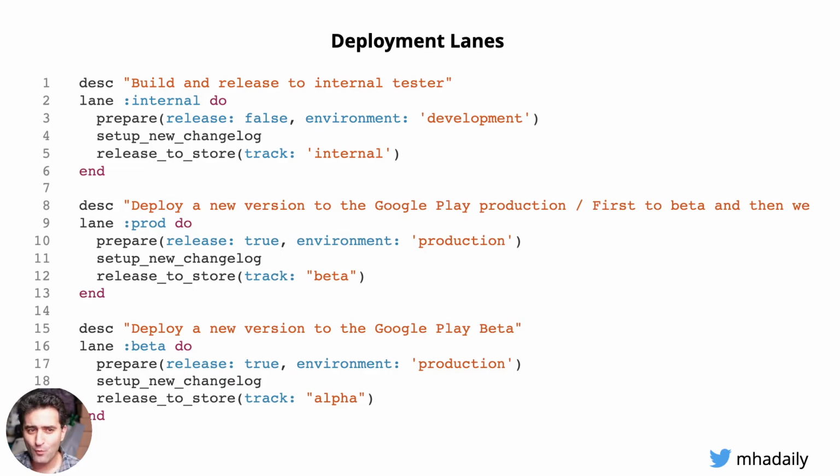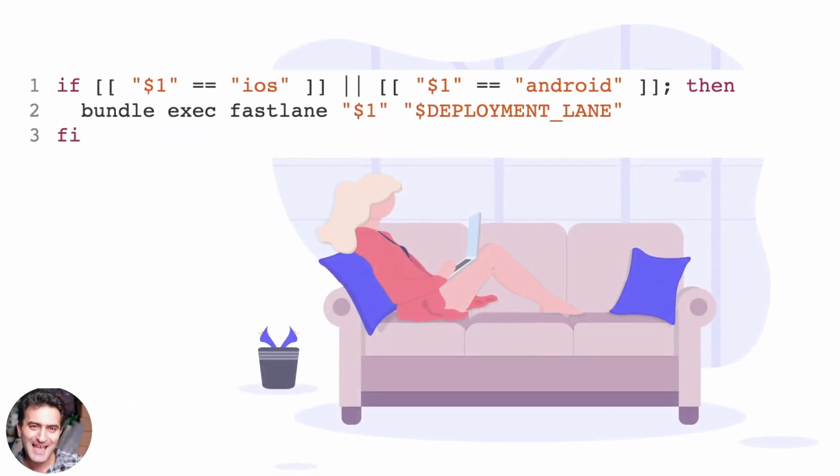And once you're done with all of your lanes and functions and stuff, you can go and create your maybe internal, prod, and beta, which is reflecting the same branching workflow that we discussed. And in fact, then you can simply go to your CI/CD, your machine, wherever you install Fastlane, and say, hey, bundle exec fastlane, just go for iOS lane internal.